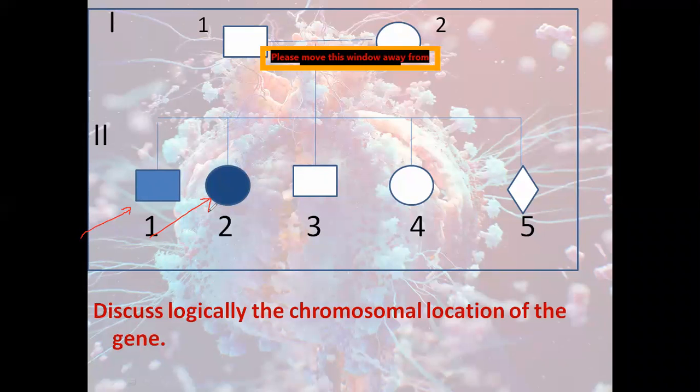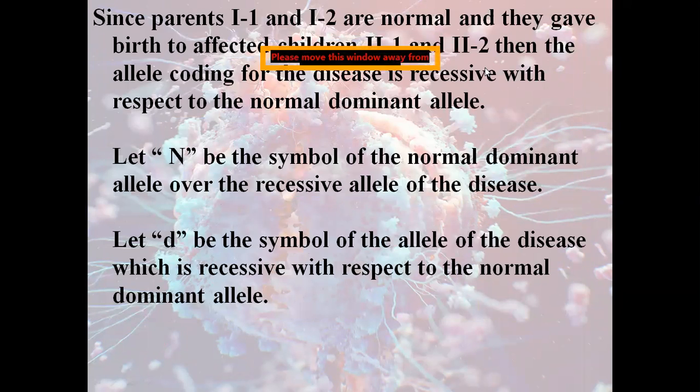Next, I have to give the symbols. Let's say N capital be the symbol of the normal allele, which is dominant over the allele of the disease. Let D small, A small, C small, it's up to you. You choose the symbol that you want. Here in this exercise, I use the symbol N capital for the normal and D small for the disease.